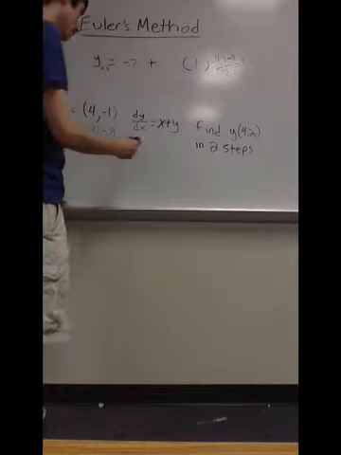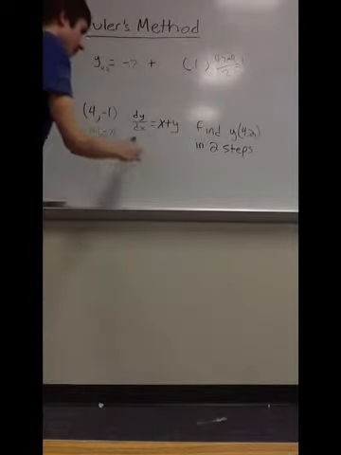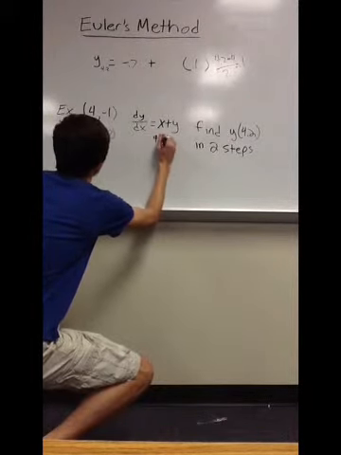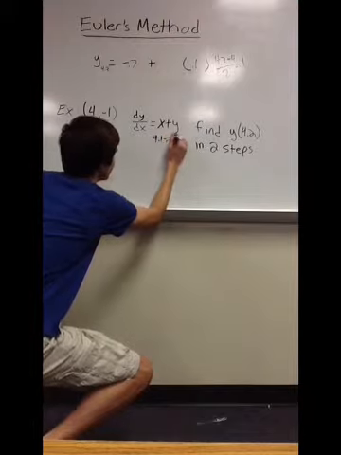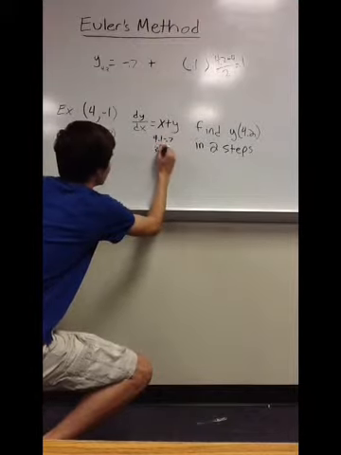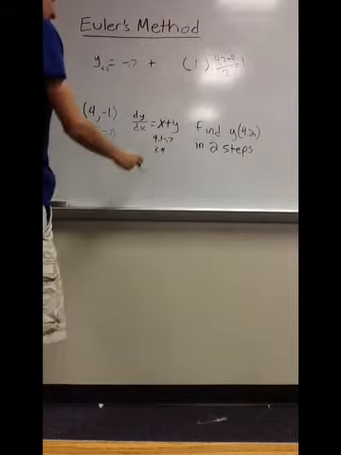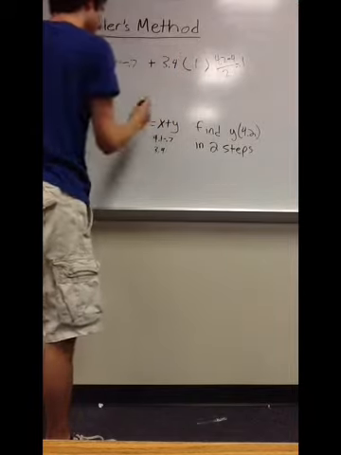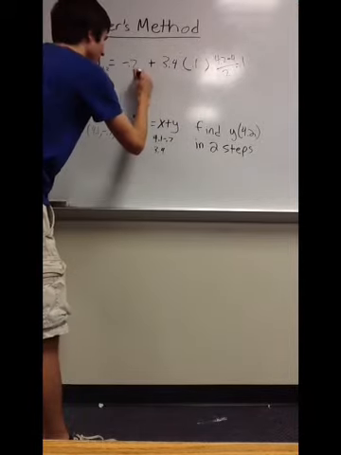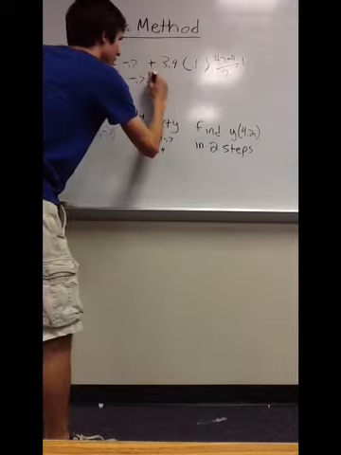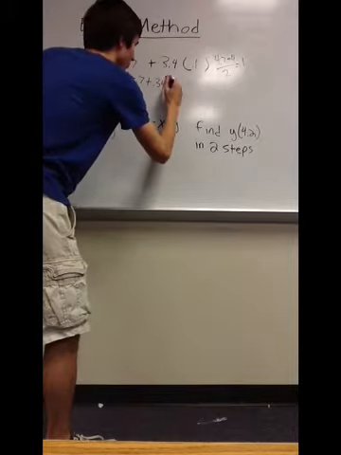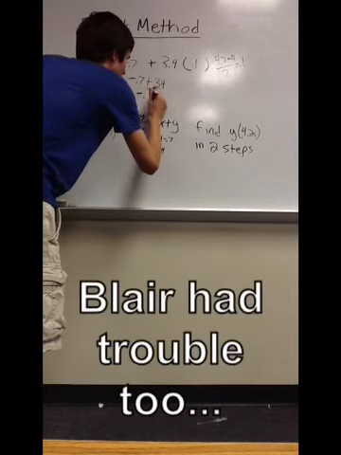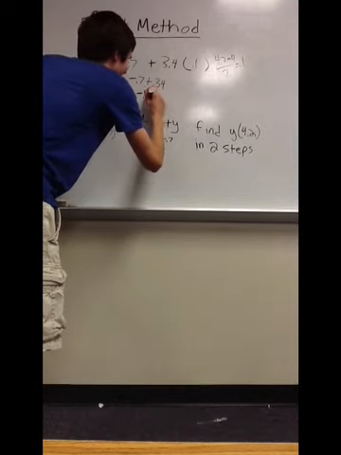To find this, you plug your ordered pair into the differential equation to get 4.1 minus 0.7, which is equal to 3.4. So you plug this slope into your equation. It all comes out to negative 0.7 plus 0.34, which will be equal to negative 0.36.